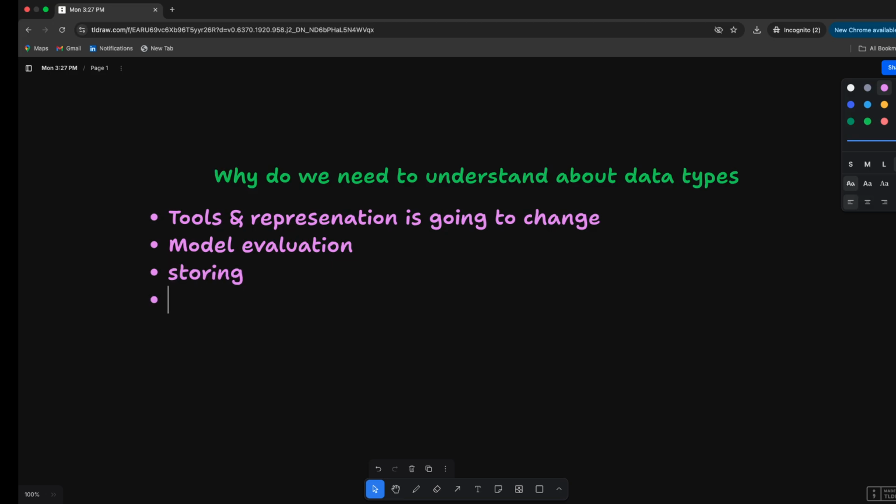Storing will change, and computational time or performance will also change based on the data. Most important, the data type of a variable determines how the software is going to handle it.